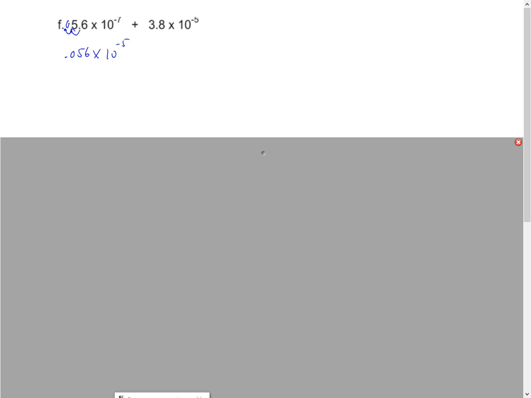Now we're ready to add them. So again, if we were going to be technical, and I do want to see this step in your homework, because it's just reinforcing what you're doing. So now you have 0.056 plus 3.8, and remember it's times 10 to the negative 5th. This one's not as hard to add up.